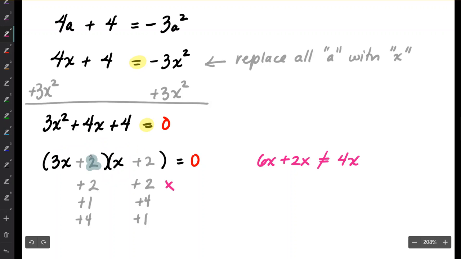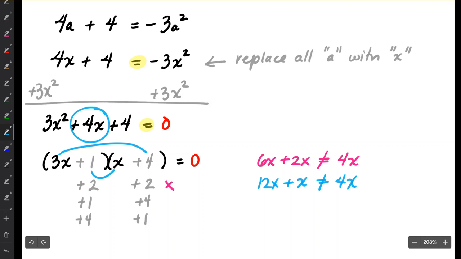If I try a plus 1 and a plus 4, we get 3 times 4, we have a 12x. 1 times x, we've got a 1x. 12x plus 1x is not equal to the 4x, right? And we're supposed to end up with 4x. So I know that this guy doesn't work.